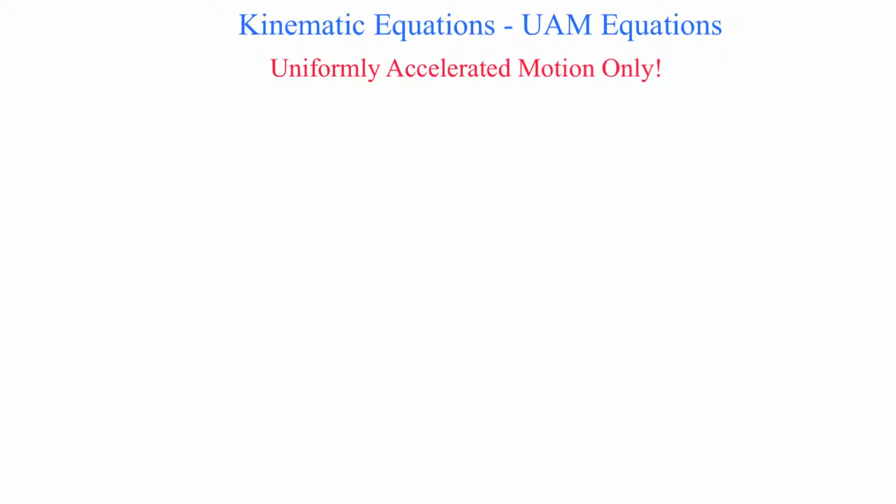Now, we've already discussed a couple of these UAM equations before, so let's go ahead and write down what we already know. We know that the velocity is equal to the displacement over the change in time, okay? And we know that the acceleration is equal to the change in velocity over the change in time.